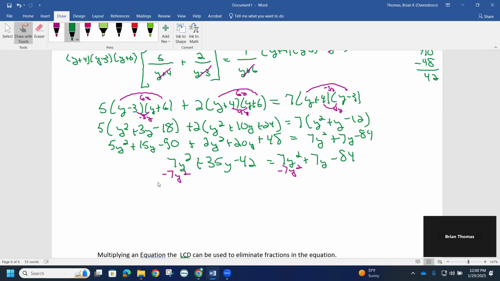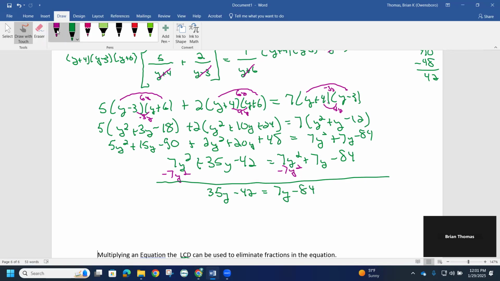And those are just going to zero out. That's going to leave me 35y minus 42. These zero out, so I'm left with a 7y minus an 84.